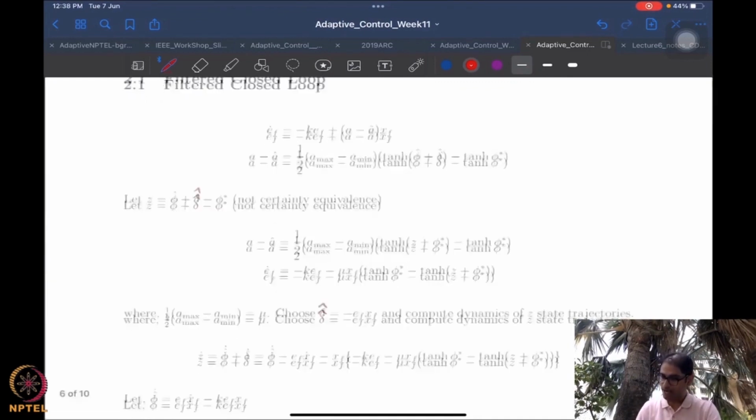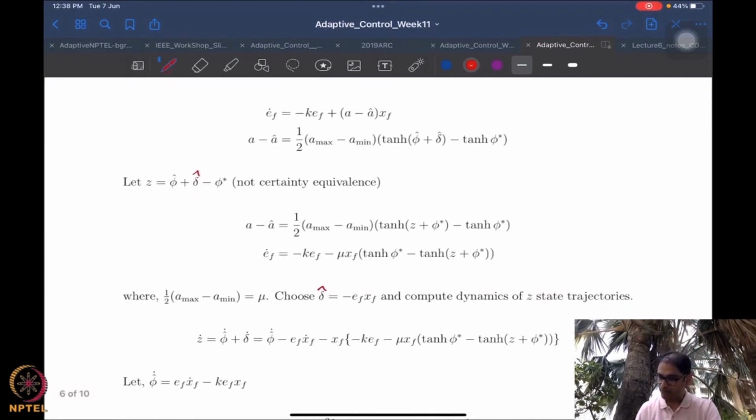Now we want to write this term using the Z. So of course we write phi hat plus delta hat as Z plus phi star minus a tan hyperbolic phi star. We substitute this quantity right here.